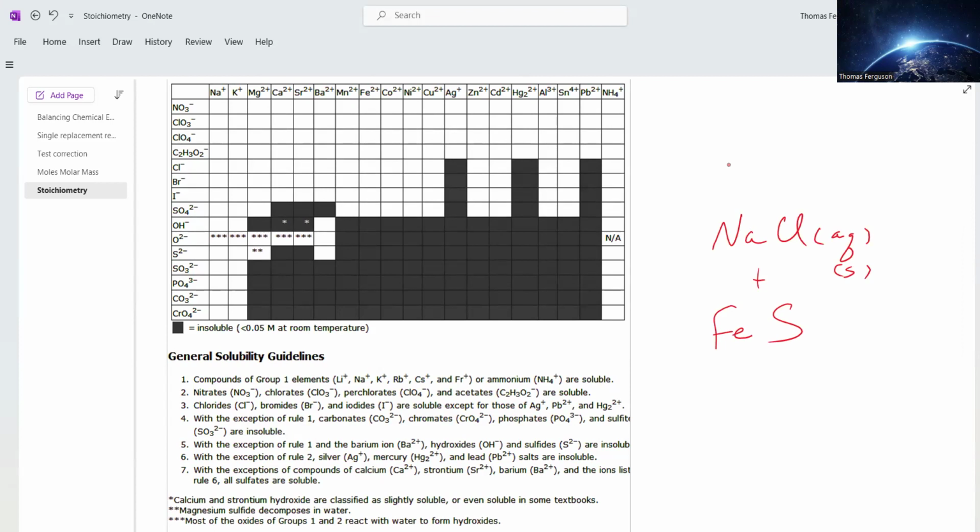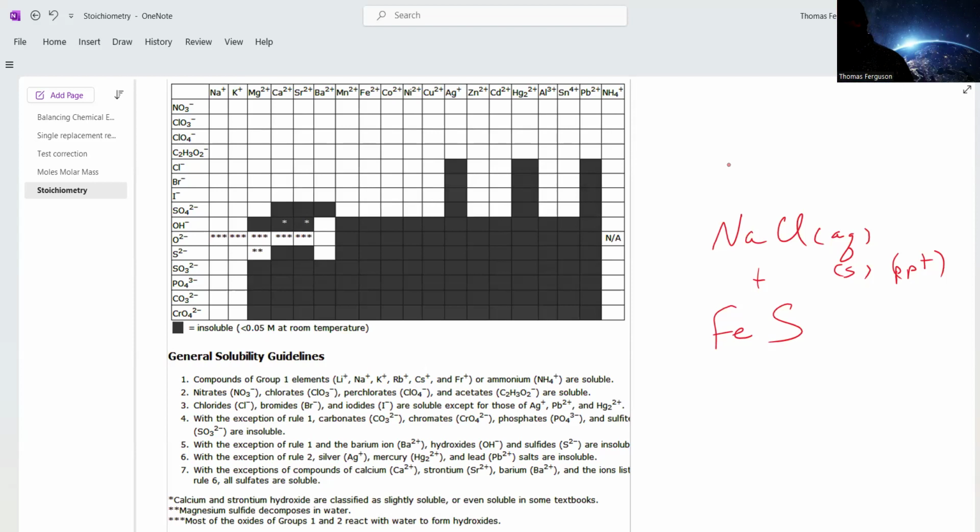That means aqueous. The S is going to stand for solid. Also, depending on your teacher next semester, they may have you do PPT, which is short for precipitate. Just depends. In this class, you can use either one. They mean the same thing.